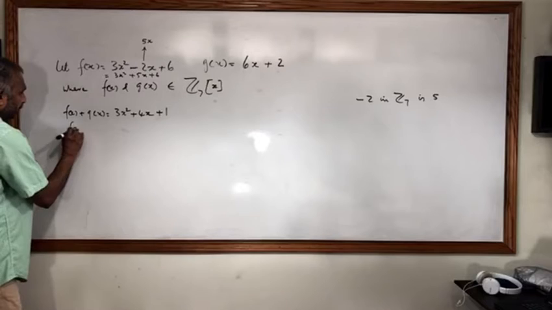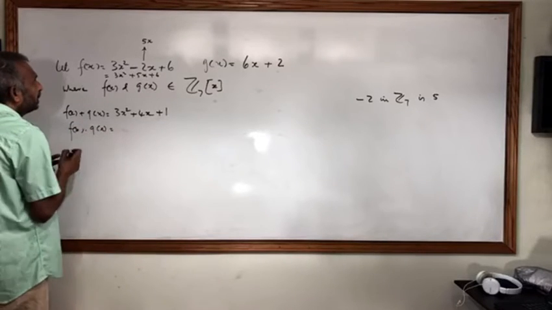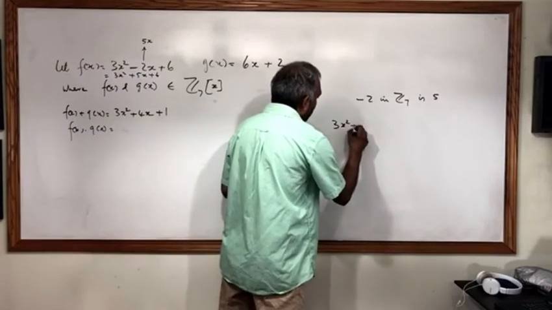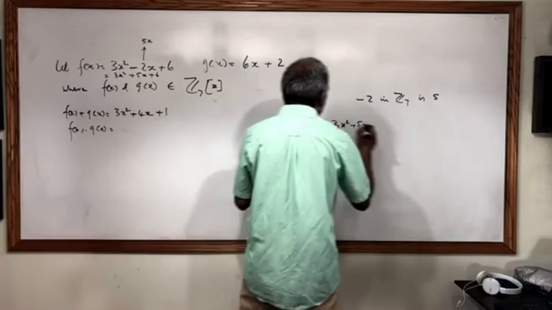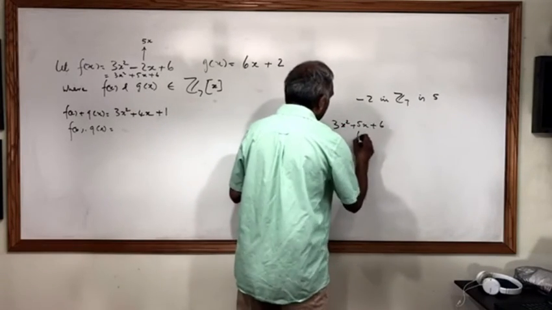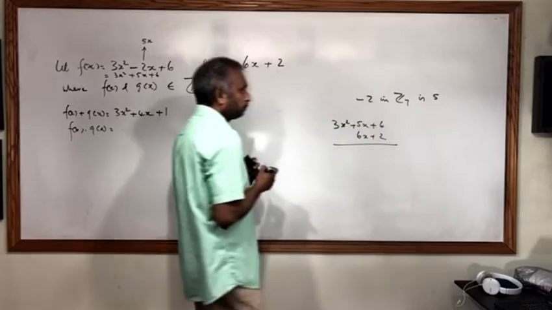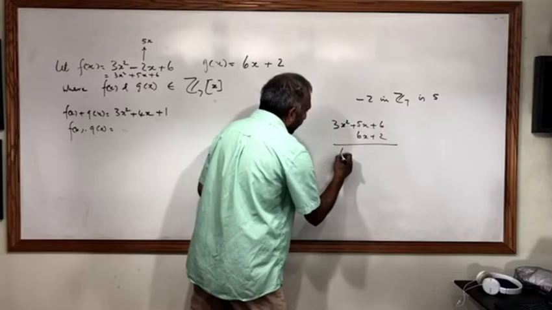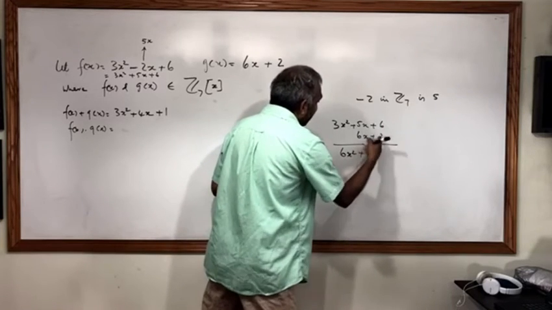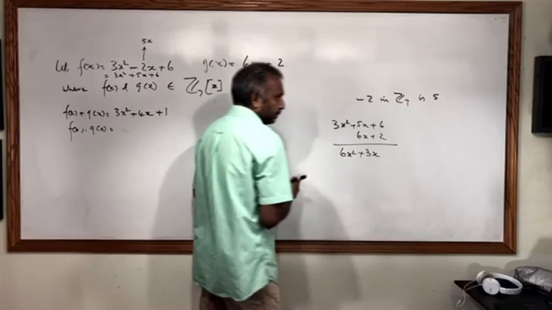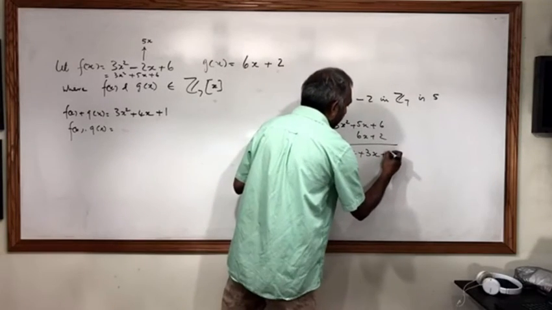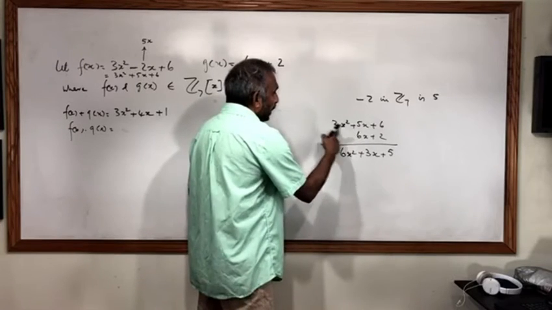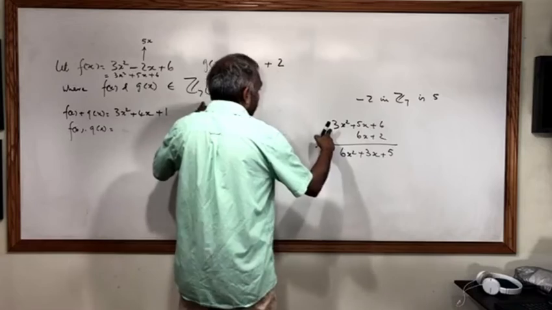So f of x times g of x is equal to 3x square plus 5x plus 6, times 6x plus 2. So what we have is 6x square plus 10x meaning 3x, 12 meaning 5. Then this is going to be 18x cube, 18 under 7 is 4x cube.